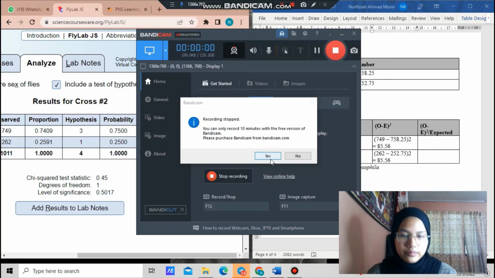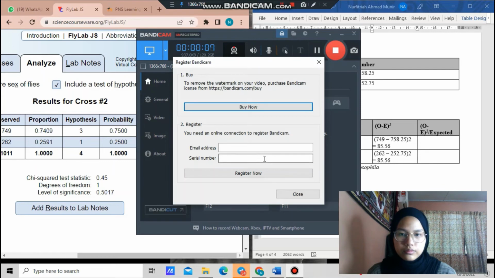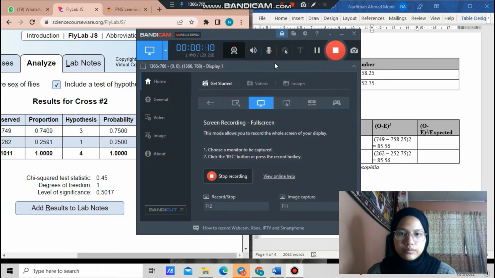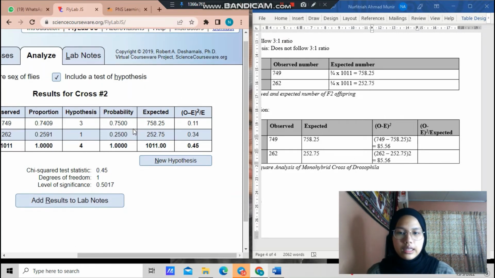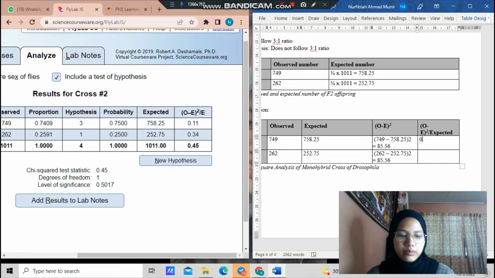So this is the result for O minus E squared over E. So fill in the table. For plus is 0.11 and for SE is 0.34.